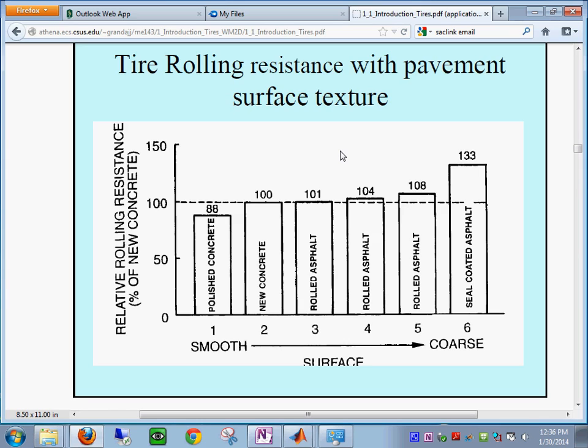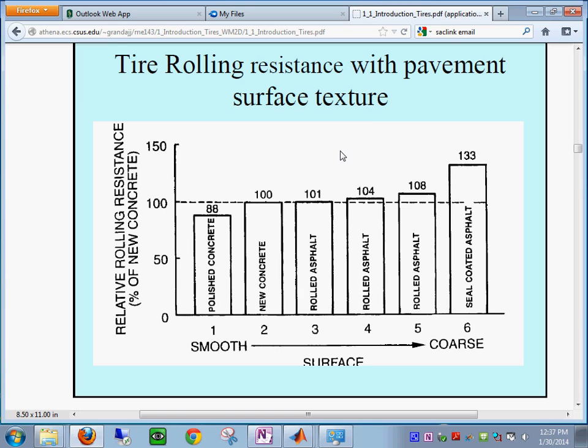If you get stuck on sand or mud, one of the things you could do is lower the pressure on the tires. In doing that, you are doing the opposite to what is recommended in here for a lower coefficient of resistance.